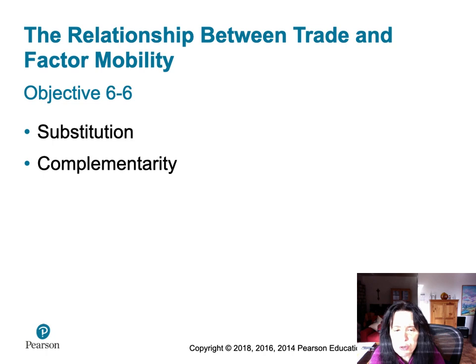And there's also the issue of complementarity. Factor mobility through foreign investment often stimulates trade because of the need for components, right? The parent company's ability to sell complementary products, and the need for equipment for subsidiaries, right?